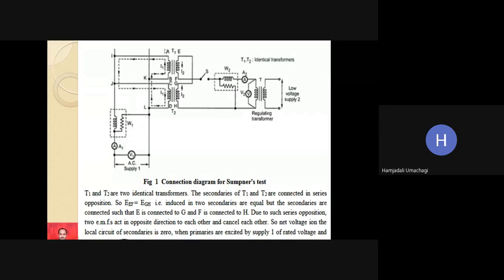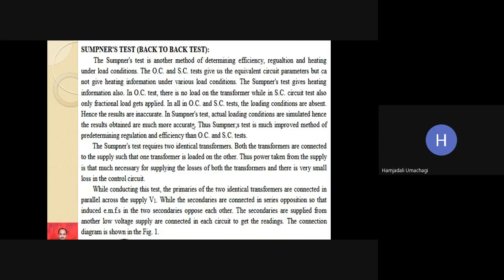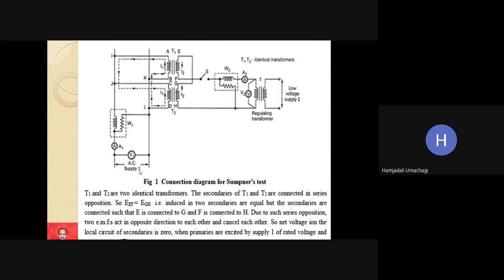Both the transformers' primaries, T1 primary and T2 primary, are connected in parallel to the AC lines. V1 is the input AC voltage, measured with the help of voltmeter V1 across the AC lines.